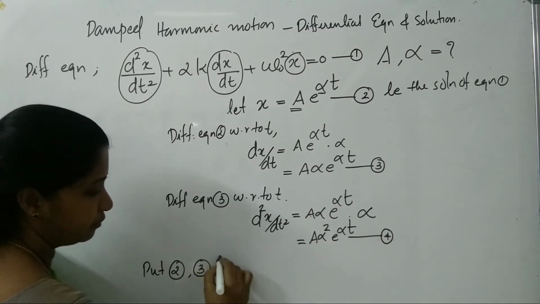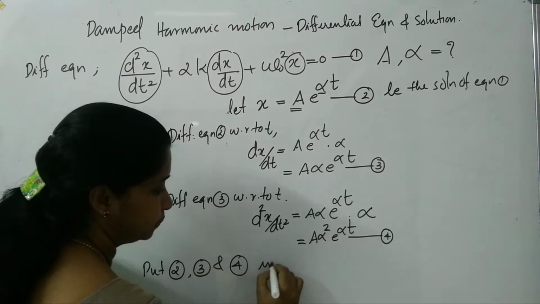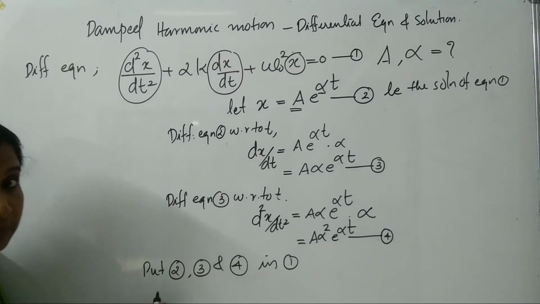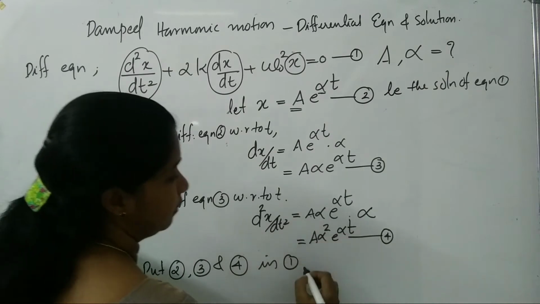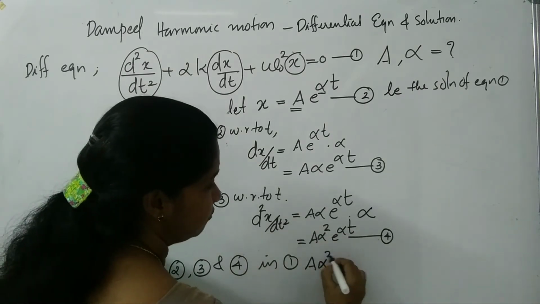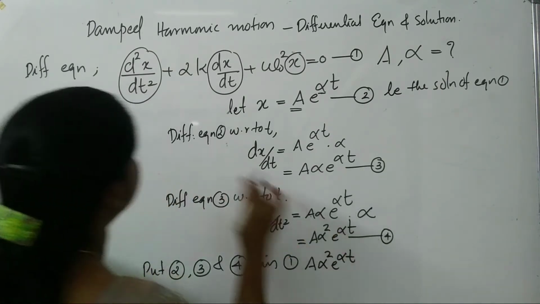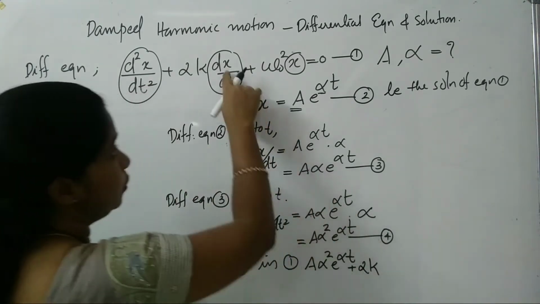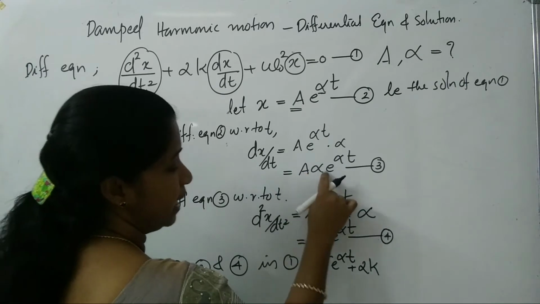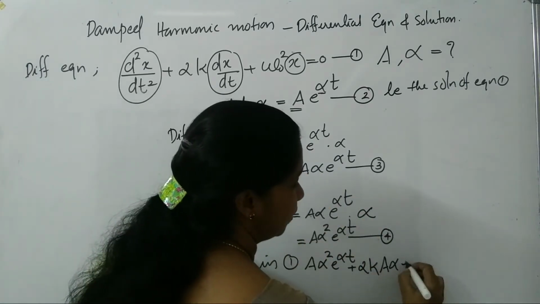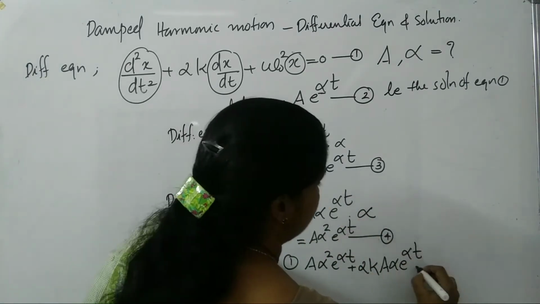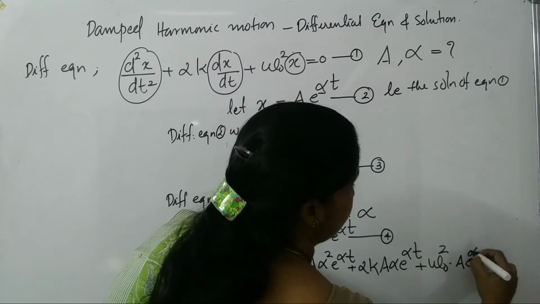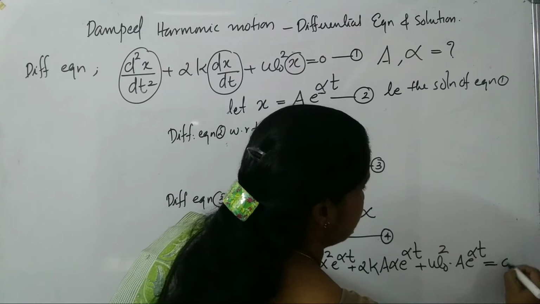While substituting the values, we get a alpha square e raised to alpha t plus 2k into dx by dt, which is a alpha e raised to alpha t, plus omega 0 square into a e raised to alpha t, that is equal to 0.